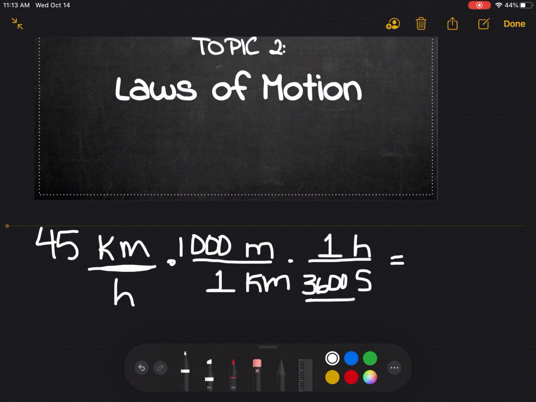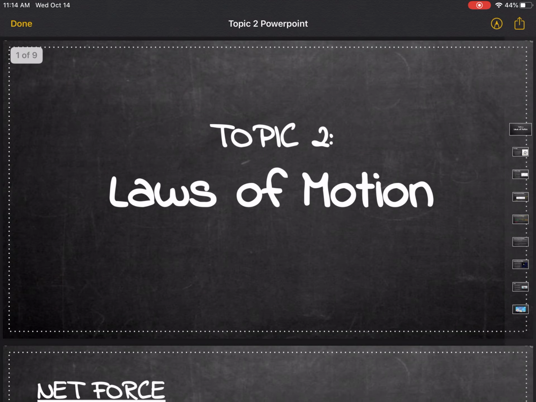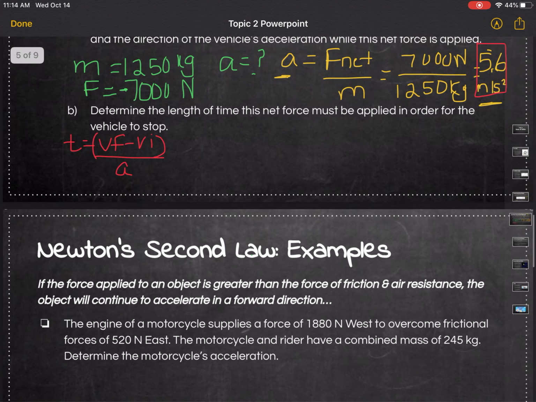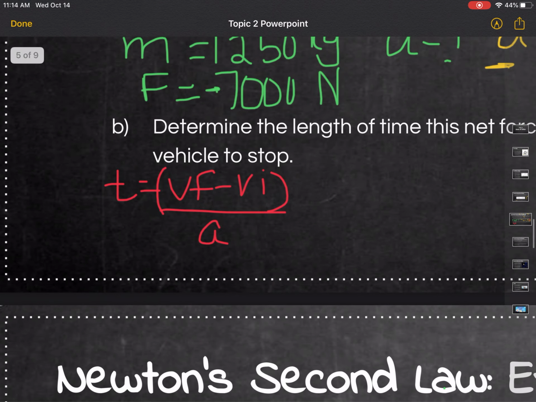So if we use our calculator, we go 45 multiplied by 1,000, and then we divide by 3,600, and I got 12.5. So that's 12.5 meters per second. So if I go back into here, I can solve for my time.